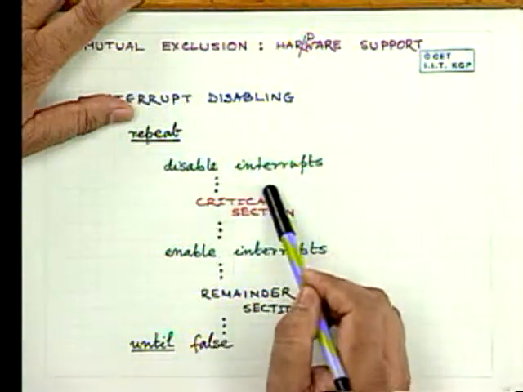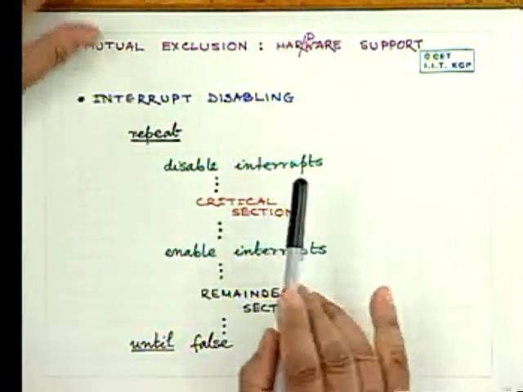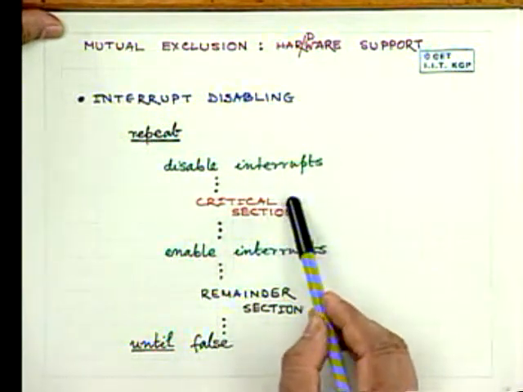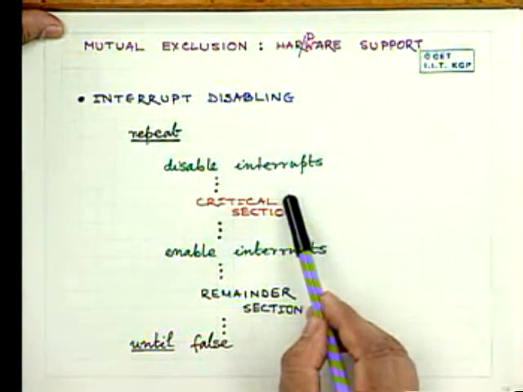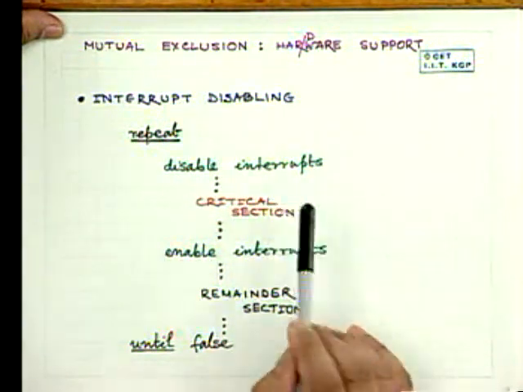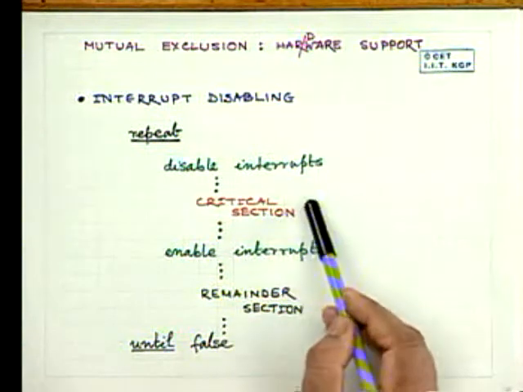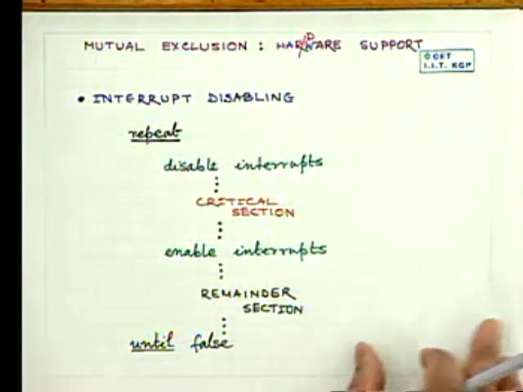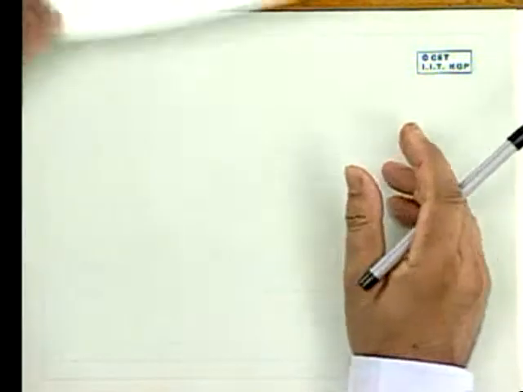It can be implemented in a single processor system. I hope you remember that a process is preempted from a processor on a timer interrupt mainly, or it can be by some other very high priority interrupt. Now, this is one way. Let us see what the other ways can be.